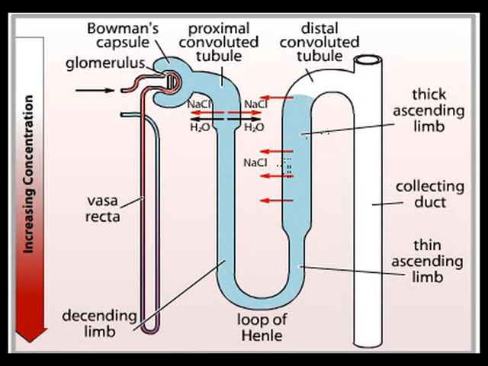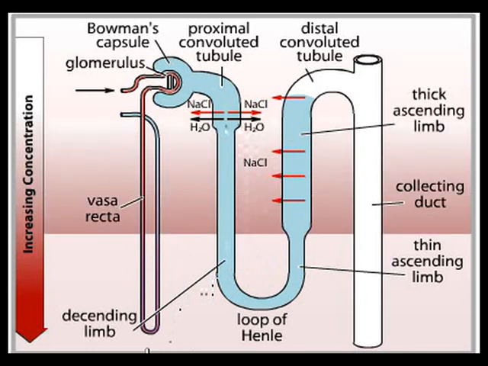And now, the thick ascending limb is not permeable to water. Remember, no water is reabsorbed in this part. So, the reabsorption of sodium and chloride out of this part of the tubule is not followed by outward diffusion of water, unlike here. This reabsorption of sodium and chloride raises the concentration of solutes in the surrounding tissue fluids.